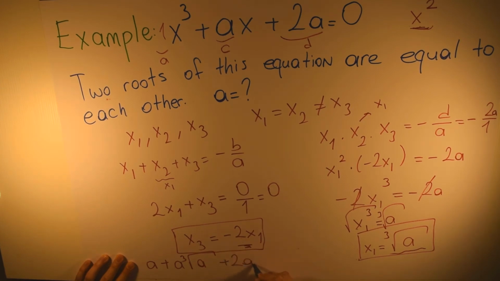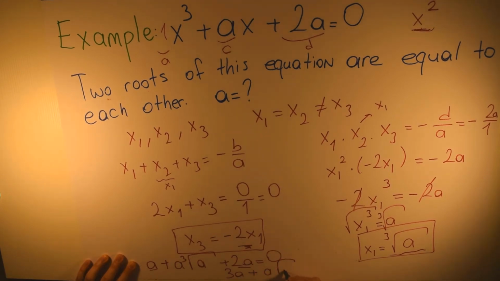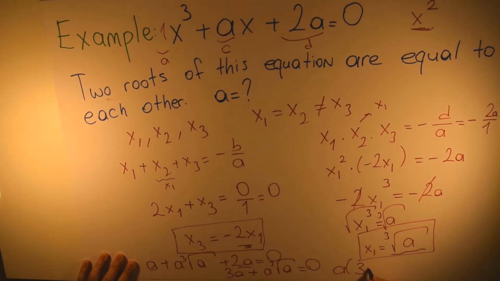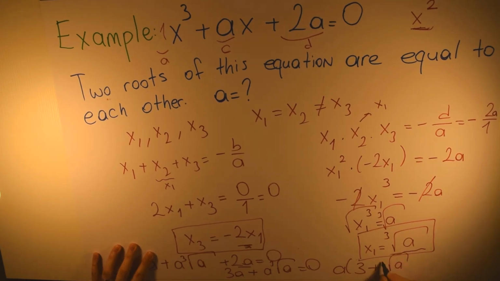Plus 2a is equal to 0. So 2a plus a is 3a, plus a times the cube root of a is equal to 0. When I write this, it is a in parentheses, 3 plus cube root of a, equal to 0.